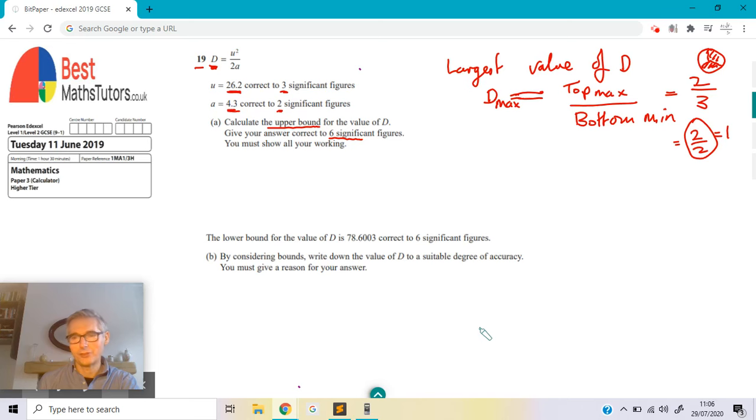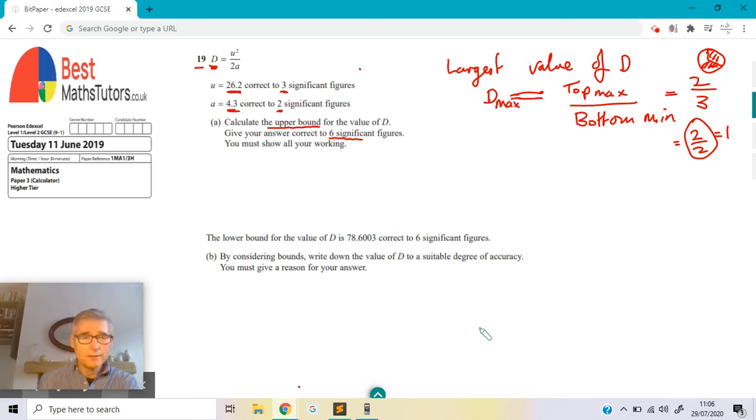So 2/3 is less than 2/2. Making the bottom number smaller makes the overall value bigger, and making the top number bigger makes the overall value its biggest as well.